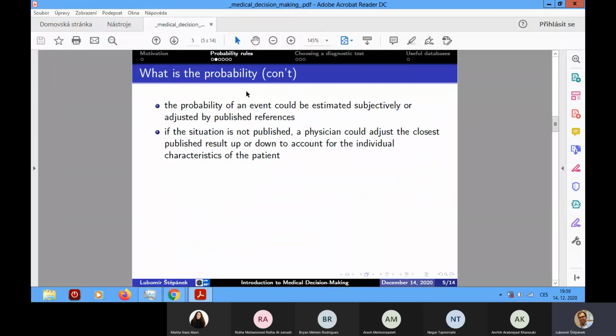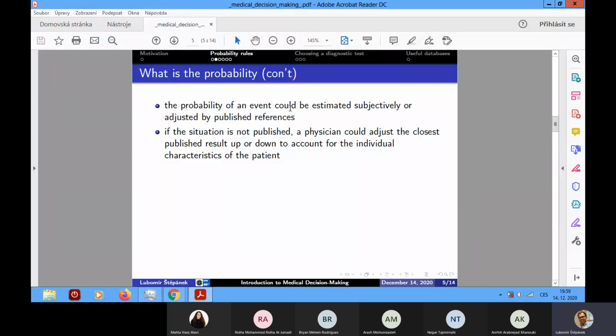Once you start to do applied medicine, after several years you are able to say which diseases are frequent, which diseases are not so frequent, which are very rare, and so on.